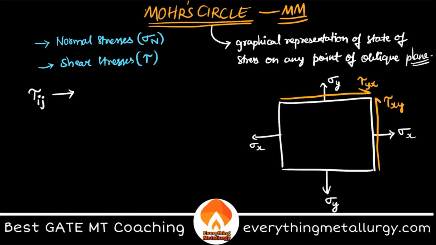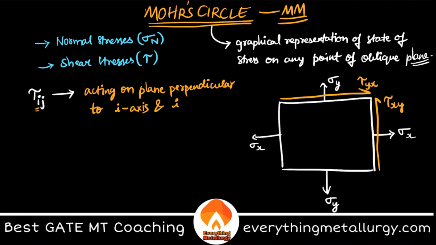So basically, it is representing a stress that is acting on a plane that is perpendicular to the I axis, where I is nothing but this I which I have here. And in what direction? In the direction of the J axis. This J.